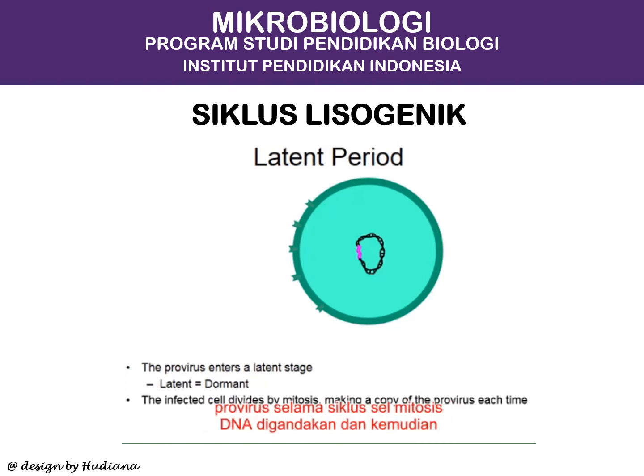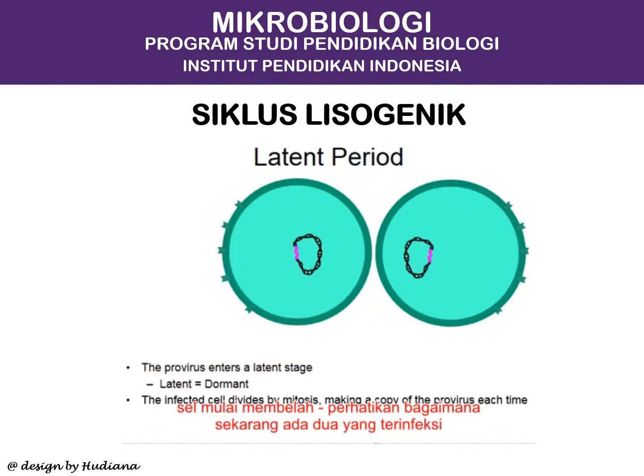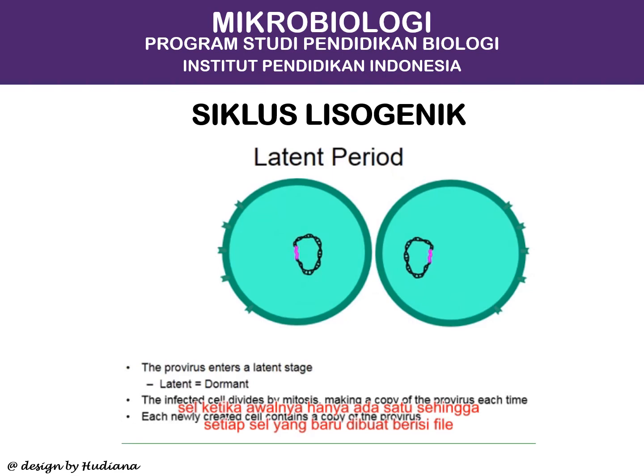During the cell cycle of mitosis, the DNA is duplicated, and then the cell begins to divide into two. Notice how there are now two infected cells when originally there was only one. So each newly created cell contains a copy of the provirus. Now this process happens over and over, and might happen for years, depending upon the virus.